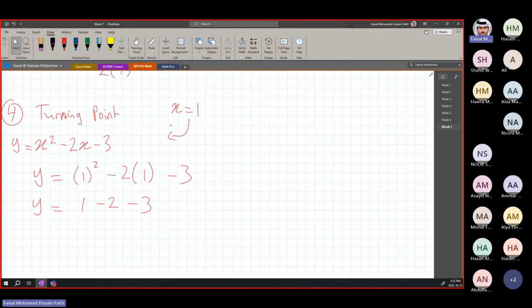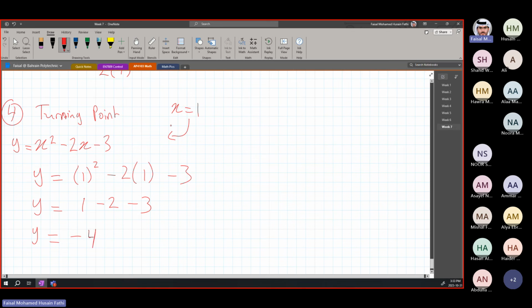So 1 minus 5 is minus 4. So our turning point is where x is equal to 1 and y is minus 4. Done. Clear. This is what we just explained in week 6.